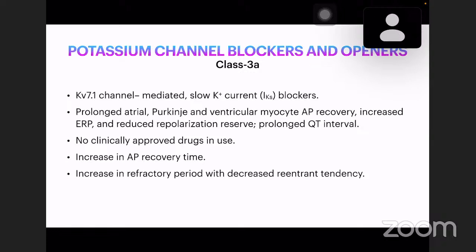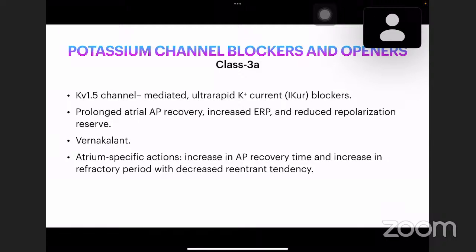Just like class 3, all the class 3A potassium blockers. The only difference is between the channels, whether it's selective or non-selective, and which channel it is selecting. And the fourth subclass in class 3 is potassium channel ultra rapid current blockers.